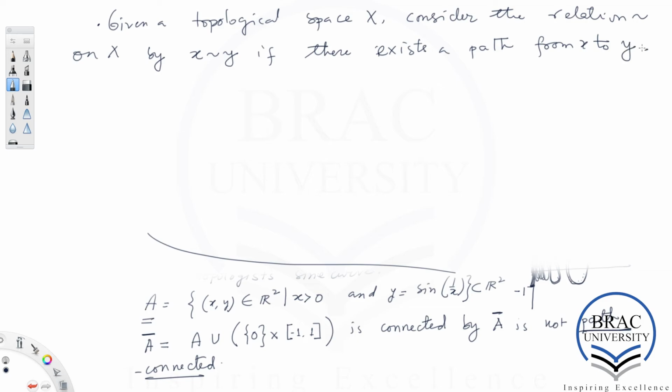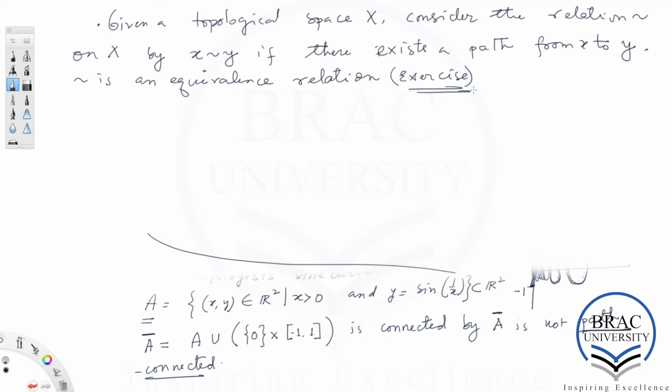One can prove that twiddle is an equivalence relation. In fact you should be able to prove it. It's left as an exercise. Okay. And the underlying equivalence classes are called path components of X.